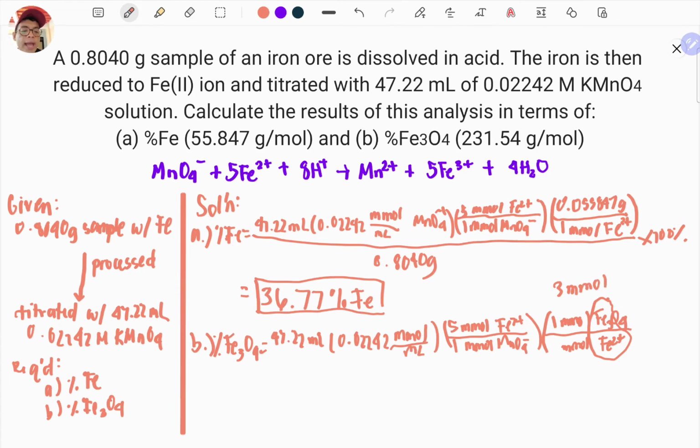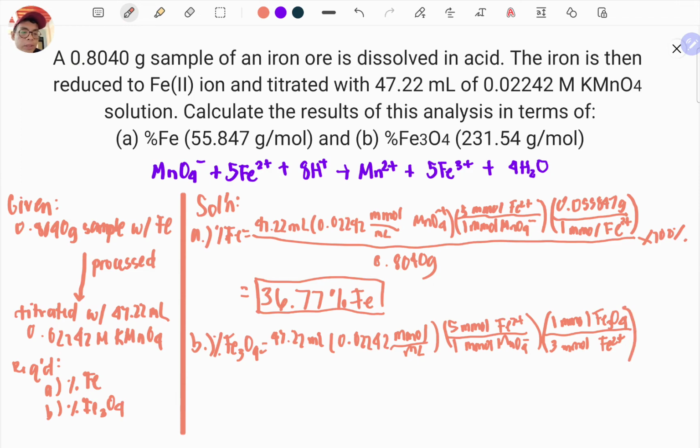So if we only have Fe, we need to multiply that by 3. Again, this is now 3 millimoles of iron, which is comparable to the numerator, that's 3 millimoles of iron as well. Again, just look at the analyte and trace how to balance it in your calculations.